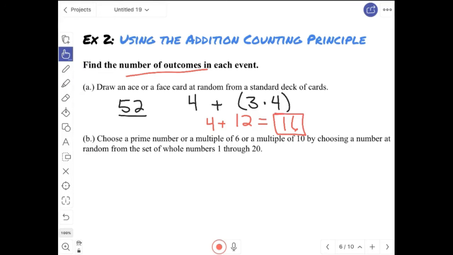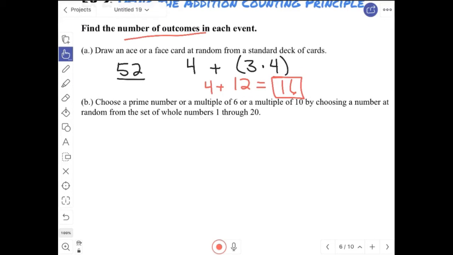Okay, the next example here. Choose a prime number or a multiple of 6 or a multiple of 10 by choosing a number at random from the set of whole numbers 1 through 20. So the whole numbers 1 through 20 is what we're looking at. So we have to find prime numbers. That's going to be our first thing.